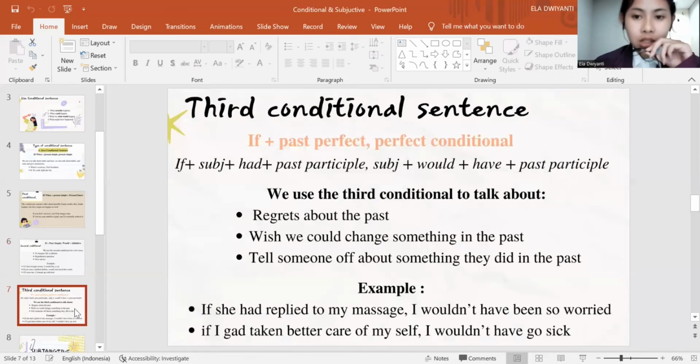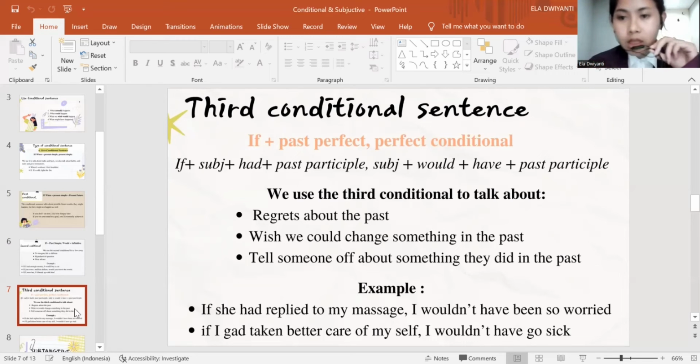The last conditional sentence is the third conditional sentence. We use the third conditional sentence to talk about regret about the past, wishing we could change something in the past, or telling someone off about something they did in the past.